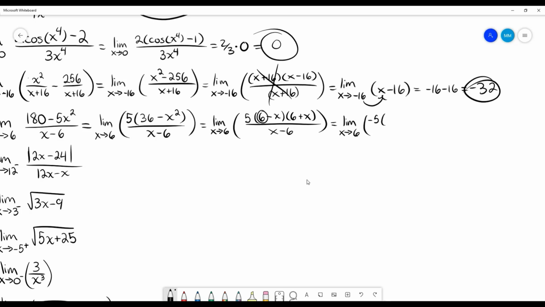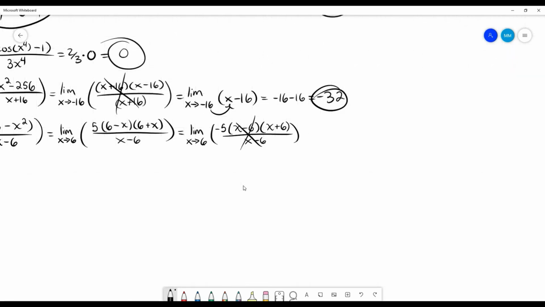It's going to turn this 6 negative and this x positive, so it'll be a negative 6 plus x, or be written as x minus 6, still times that 6 plus x, all over x minus 6, which now cancels, lucky us. We move on to the limit as x approaches 6 of just x plus 6, which is 12, if we just plug that in right there.